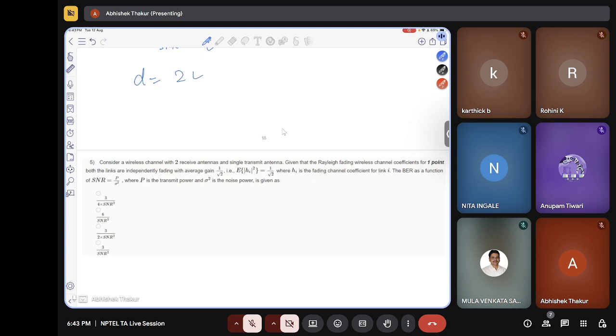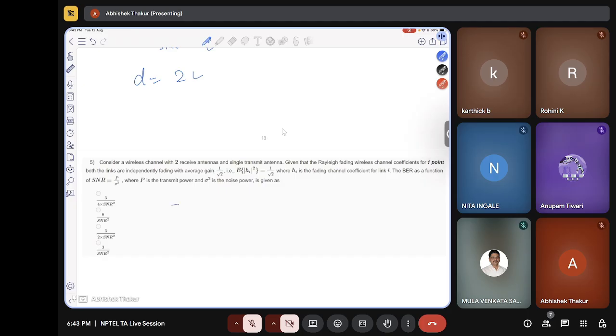Coming to the next question. Consider a wireless channel with two receive antennas and a single transmit antenna. Given that the Rayleigh fading wireless channel coefficients for both links are independently fading with average gain 1 by root 2.